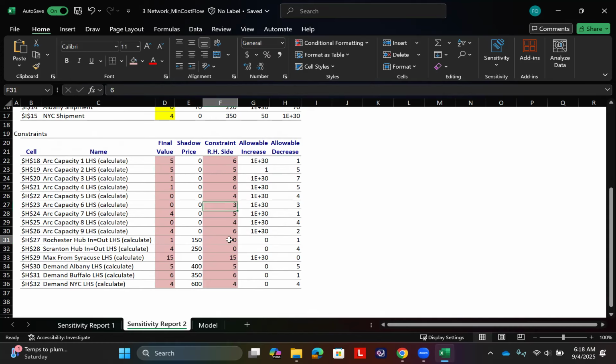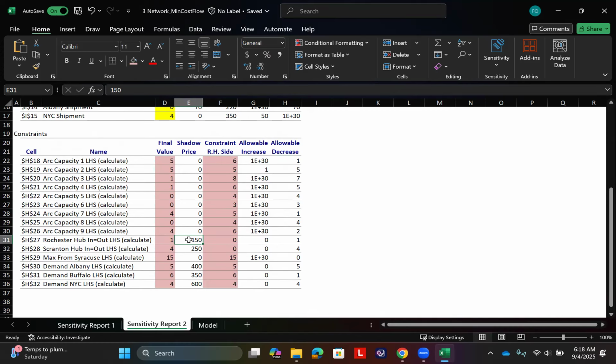Let's do another example. For example, right here, currently Rochester Hub as the right-hand side value is 0, left-hand side value is 1. So that means that if I can increase this right-hand side value by actually allowable increase 0, so that doesn't really make any sense. But if I decrease it by 1, that means that this cost, objective function cost, will go down by $150.